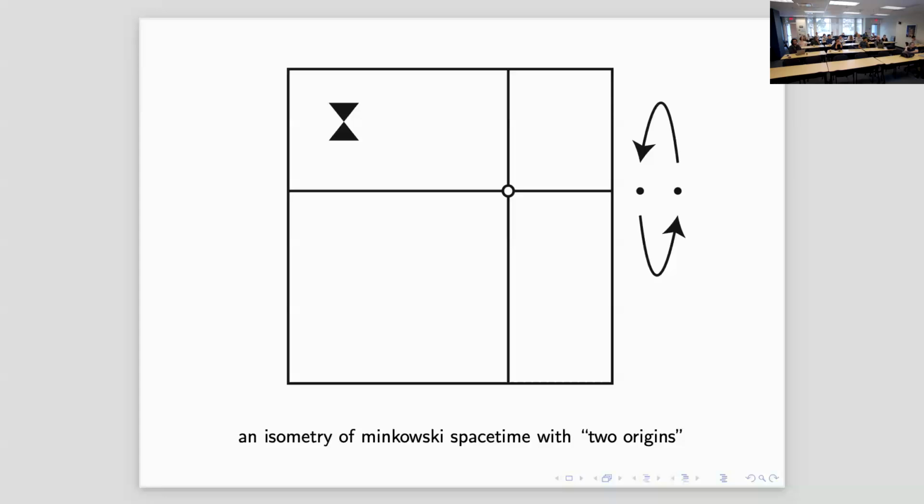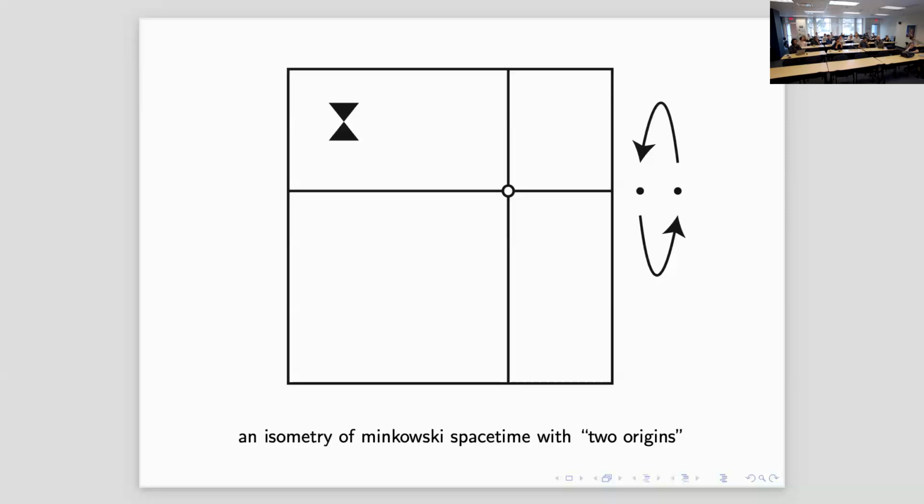So just consider Minkowski spacetime with two origins. So this is a non-Hausdorff manifold. And consider a map which maps every point into itself except for the two witness points. Then you want to do an exchange there. Now that map, you can work out the details, but it does count as an isometry. And so we have a situation where we can fix a big chunk of the spacetime.